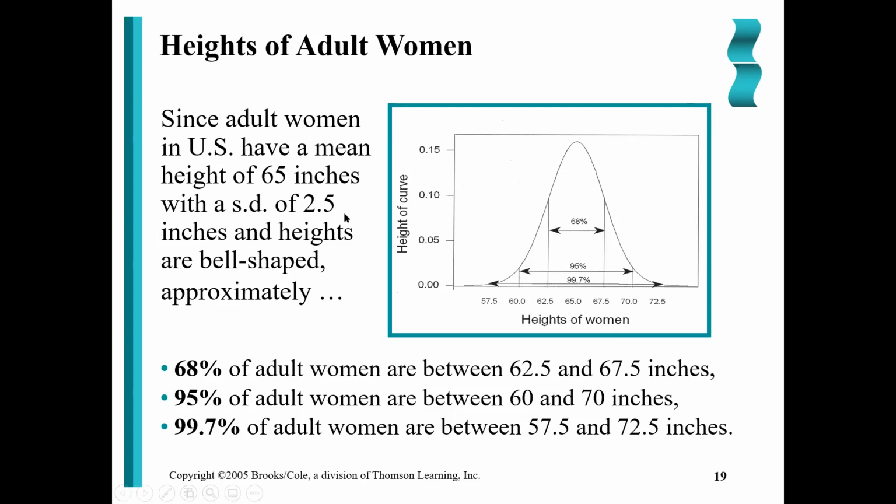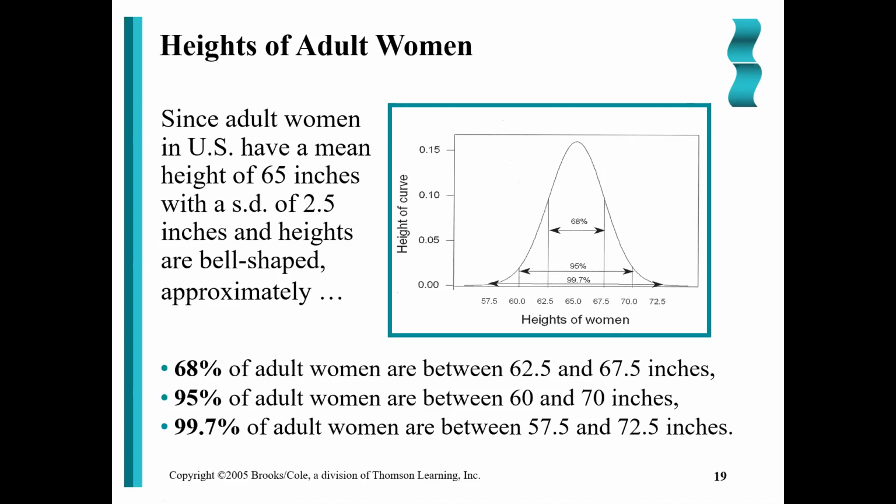Now, if we added 2 standard deviations to the mean, what's 2 standard deviations? Well, 1 standard deviation is 2.5. 2 standard deviations is 2 times 2.5, which is 5. If we add 5 inches to 65 inches, we get 70. If we subtract 5 inches from 65, we get 60. And that's plus or minus 2 standard deviations. So 95% of the data is between 60 and 70 inches. If we wanted to go out to 3 standard deviations, we would multiply 2.5 by 3, which would be 7.5.